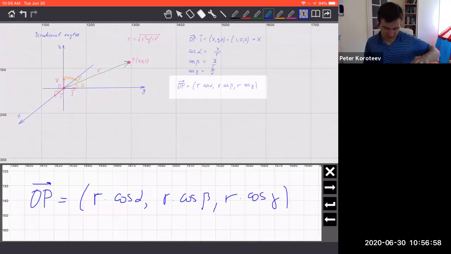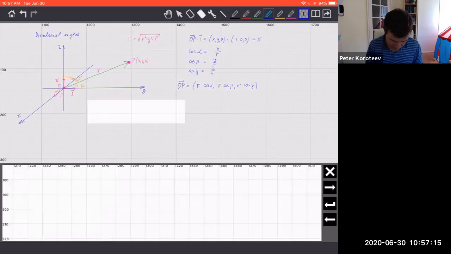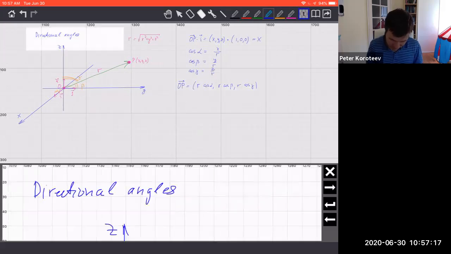So you fix the absolute value and then you just select the direction where it goes. Okay, so that's one definition, which can come in handy later.